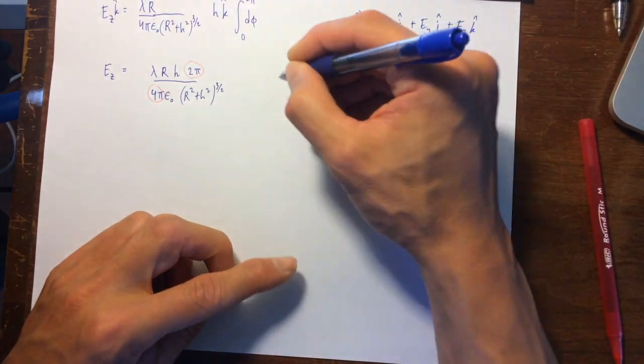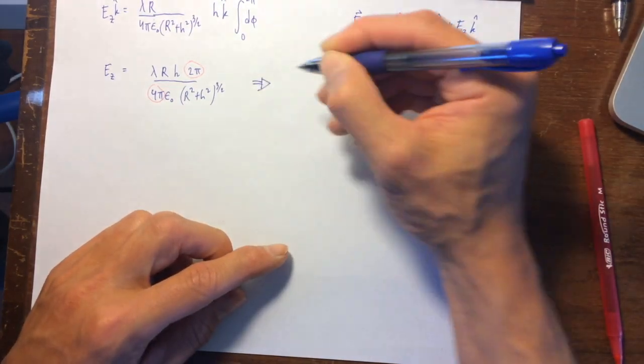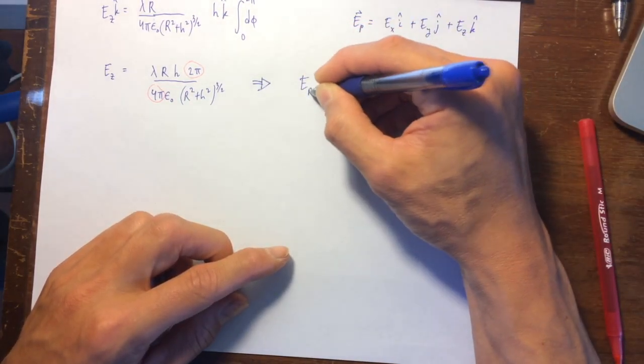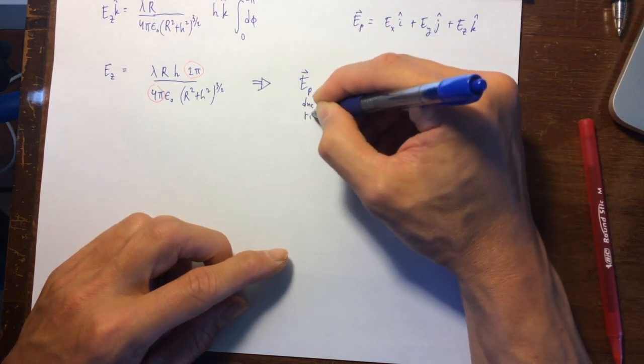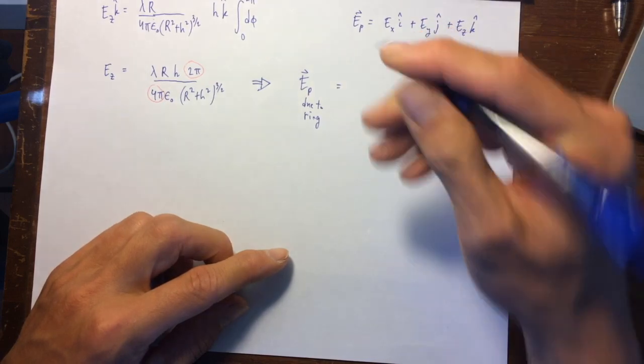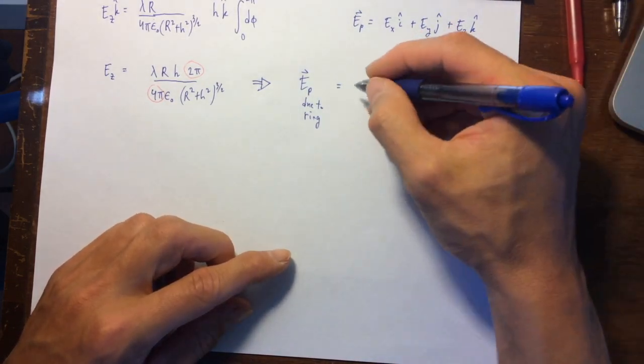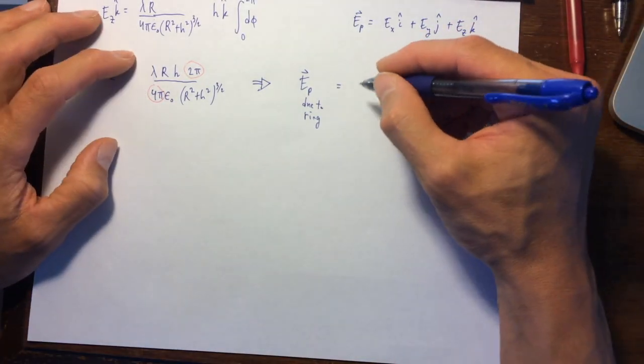I'm going to rewrite this and just write that the net electric field at P due to the ring of charge is z component only, and it looks like this.